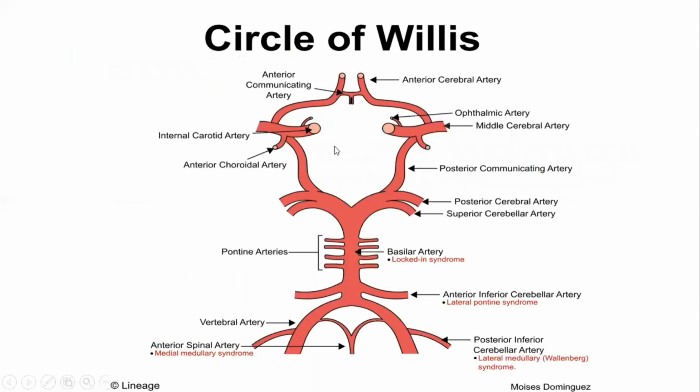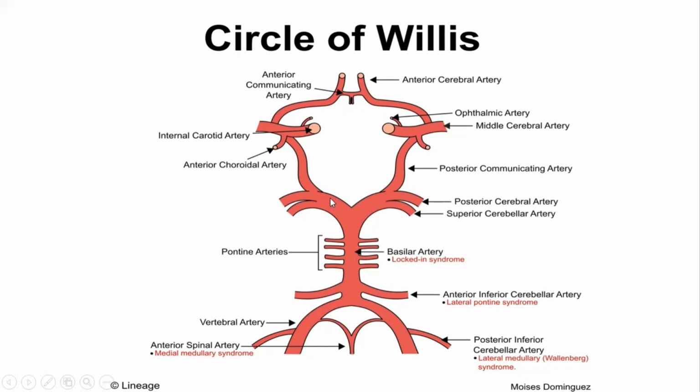So if we look at this picture, this is a very zoomed picture as compared to the one we saw earlier. So here we have the vertebral arteries, the right vertebral artery and the left vertebral artery. These two join to form the basilar artery. The basilar artery has its own branches.